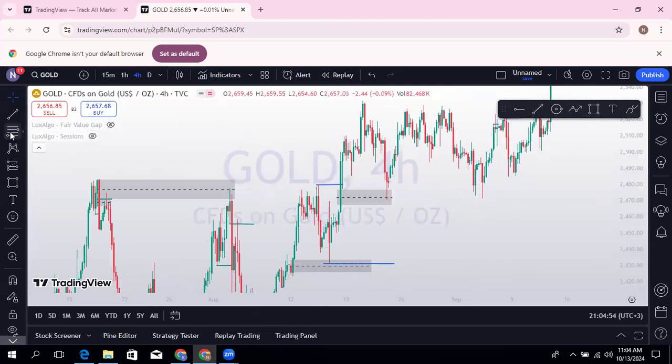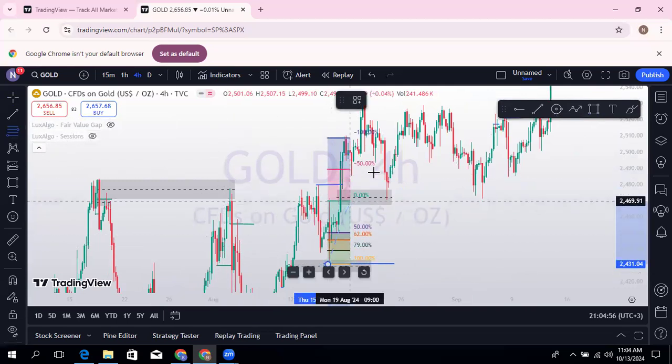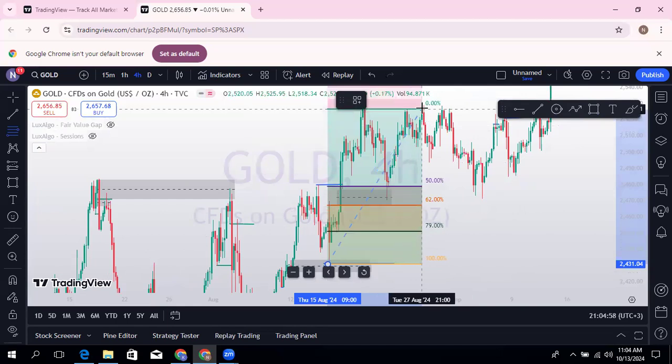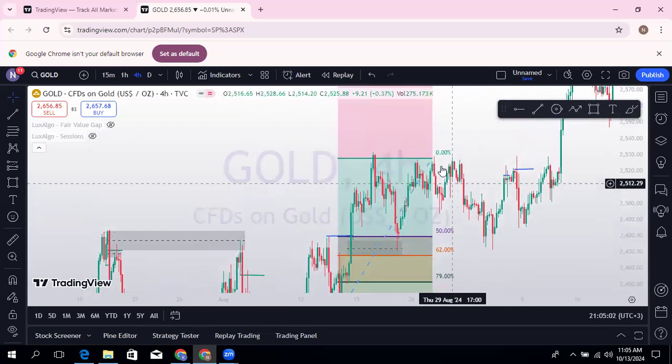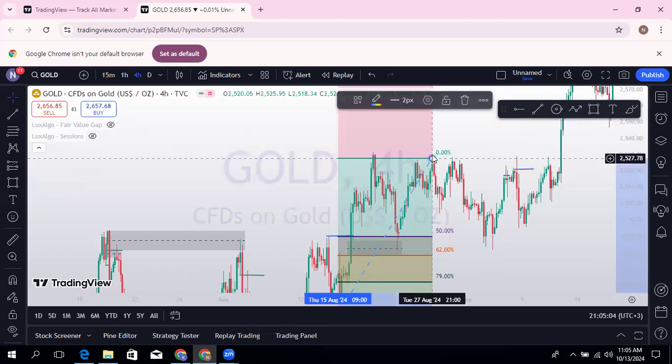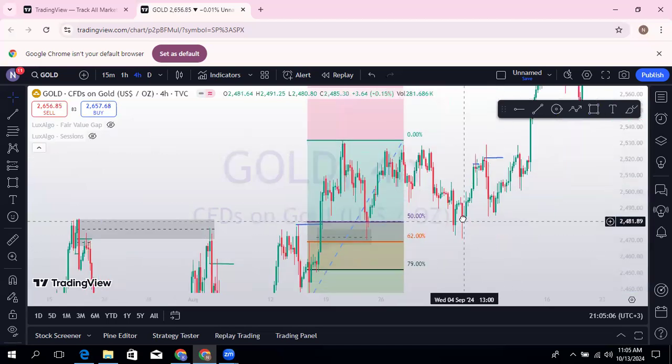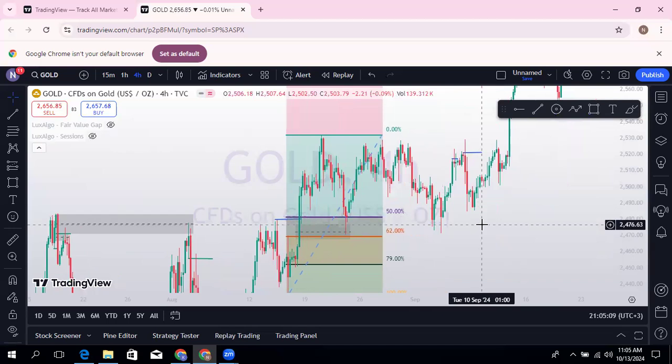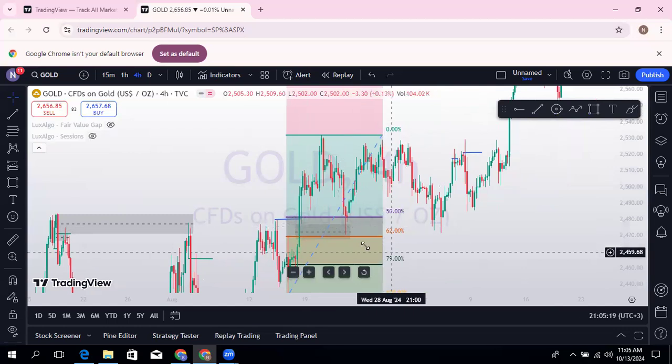Now, after that, we bring our Fibonacci retracement, drag until where the price got into before reversing. So let's see. Before reversing, then now we place our entries between 50 and 60%.